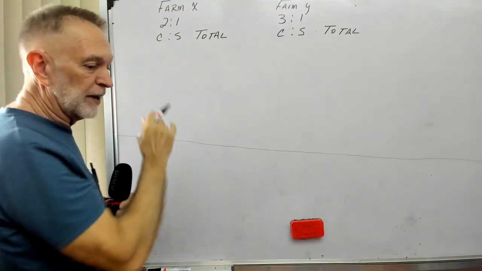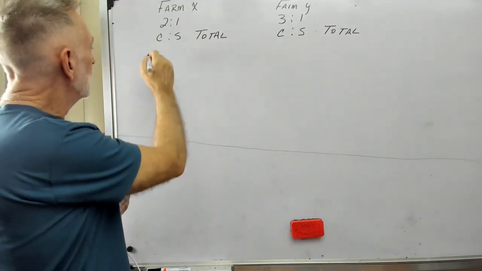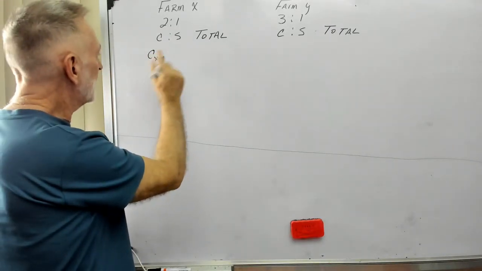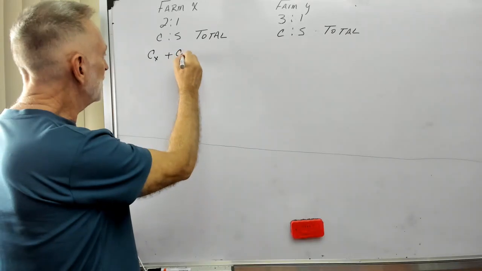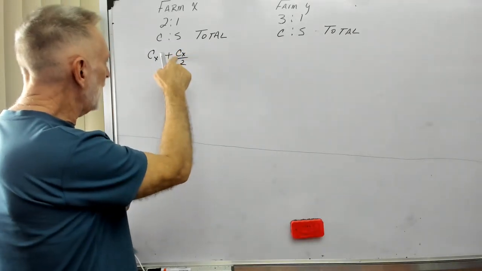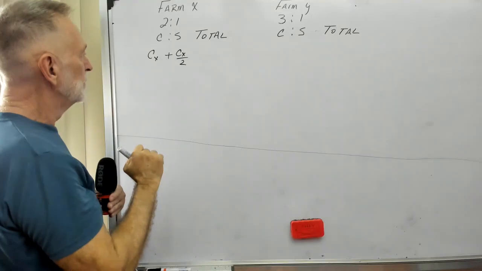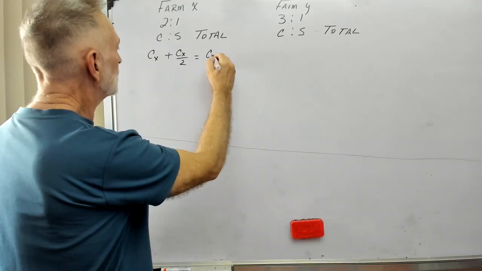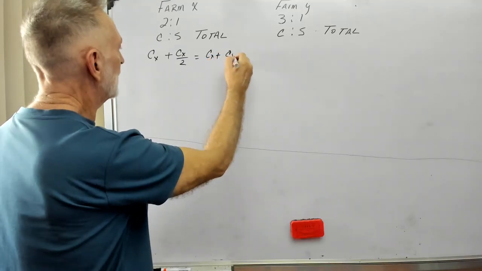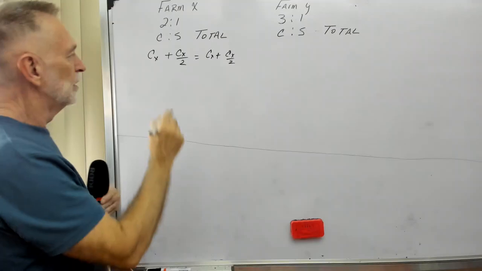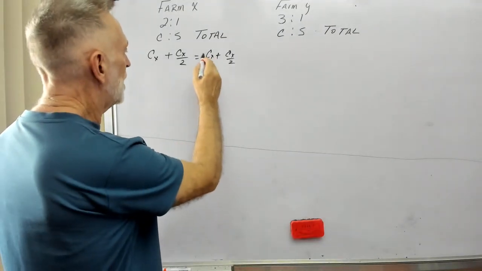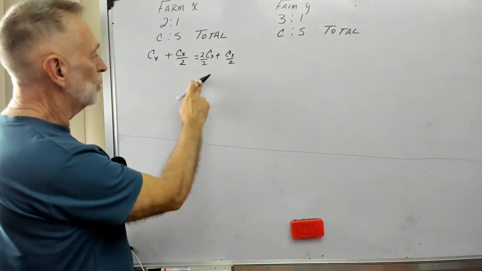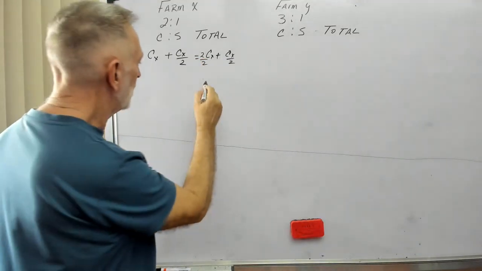let's think about the cows on X as C sub X. Cows, but we have half as many sheep as we have cows. So my total could be C sub X plus the cows on X divided by 2. Now if I get a common denominator, I'll multiply the cows on X by 2 over 2, so I've multiplied it by 1.